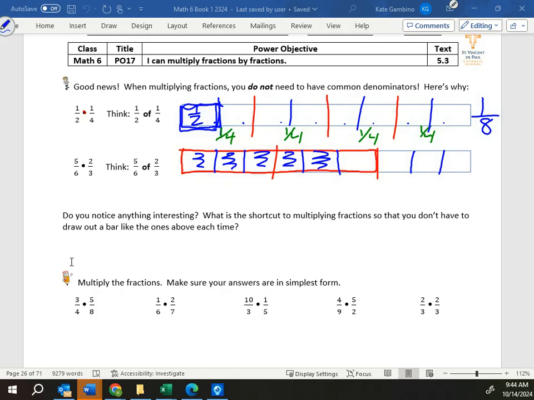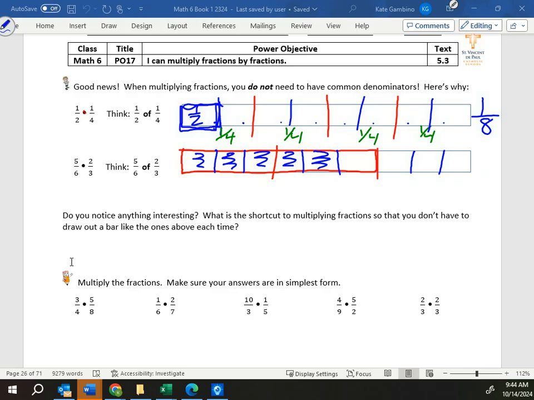How many sections do I have out of how many total? What's my final answer going to be? Emma? Careful, the ones I fill in is going to be the numerator. I hope I did those right. Let me know.